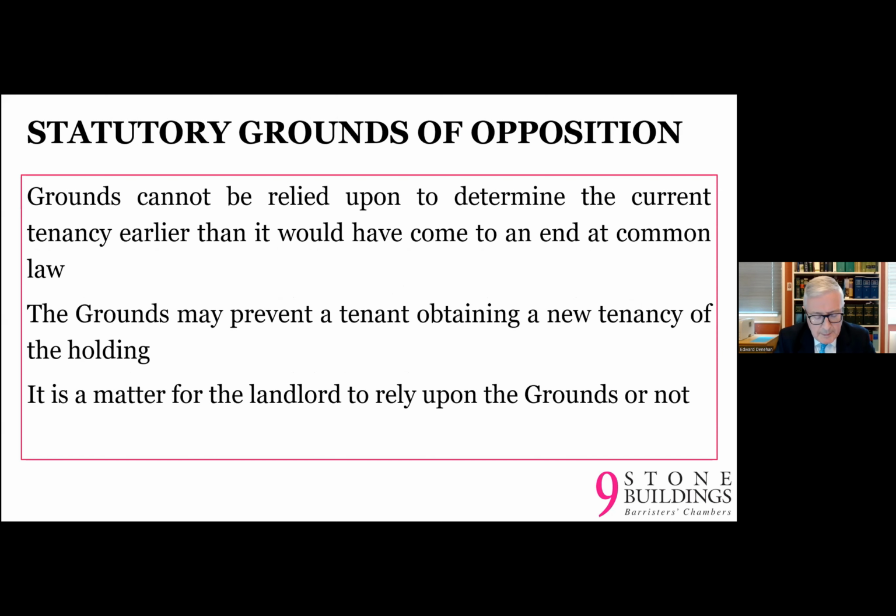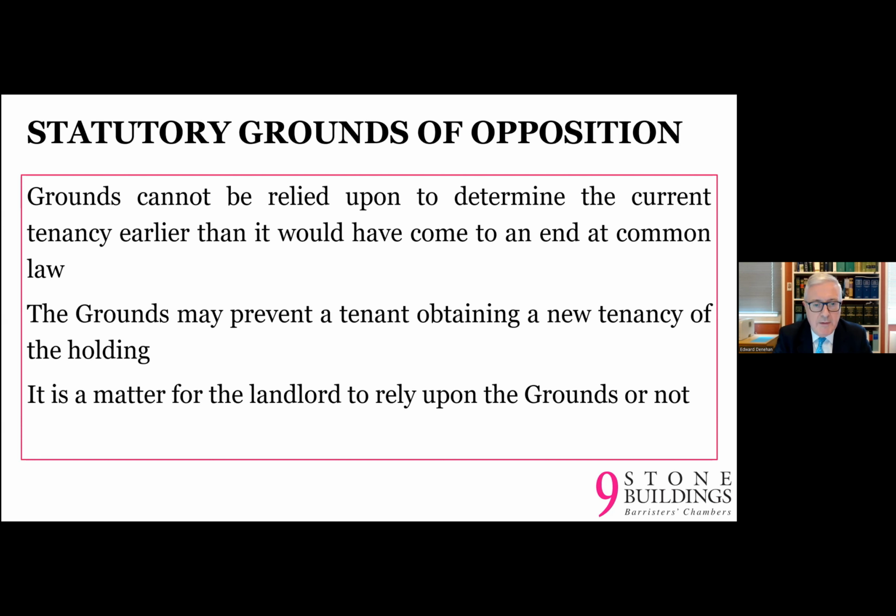I want to make this point, and it's self-evident, but I make it nevertheless. The statutory grounds can't be relied upon to determine the current tenancy earlier than it would have come to an end at common law. So, for example, if there's a fixed term tenancy that expires at common law on the 24th of June 2023, nothing in section 30 or in the Act at all allows the landlord to determine the tenancy before the 24th of June 2023.